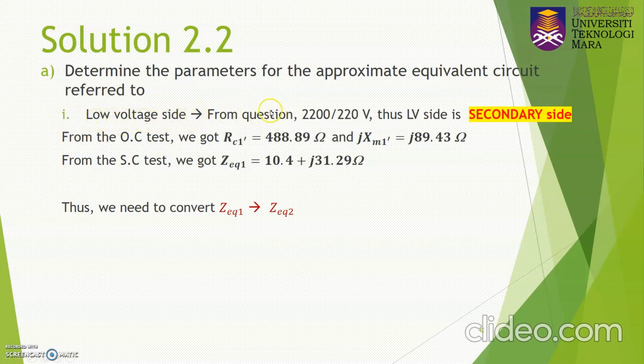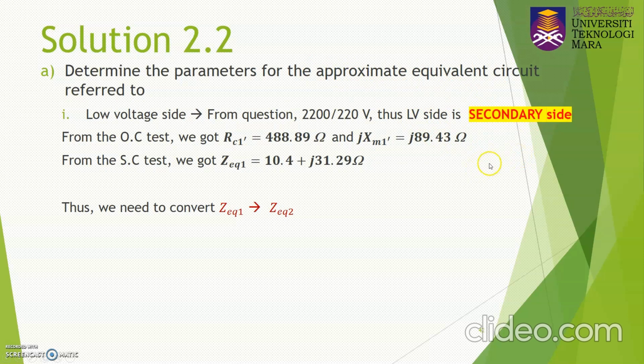From the question, you know that the transformer ratio is given by 2200/220 volt. So in this case, low voltage is referred to the secondary side. That's why your equivalent circuit must be the equivalent circuit referred to the secondary side.